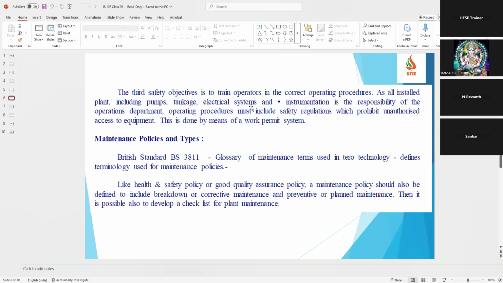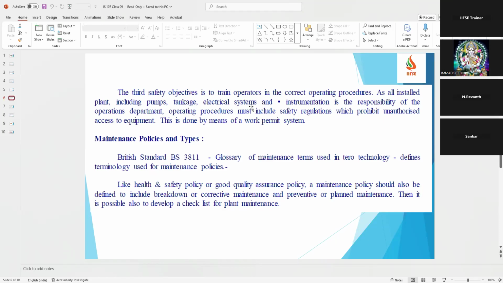Operating procedures must include safety regulations which prohibit unauthorized entry. So whatever the safety precautions or rules and regulations, those have to prevent unauthorized entry of people or access to the equipment.